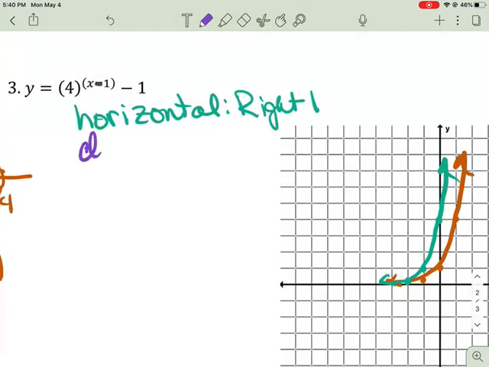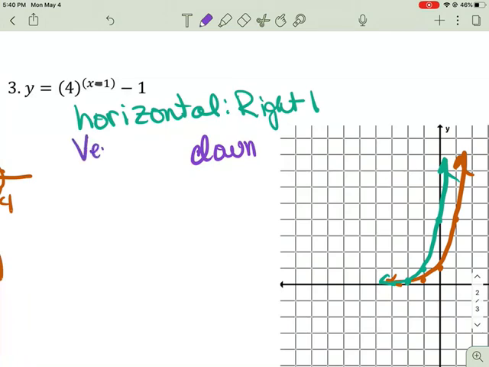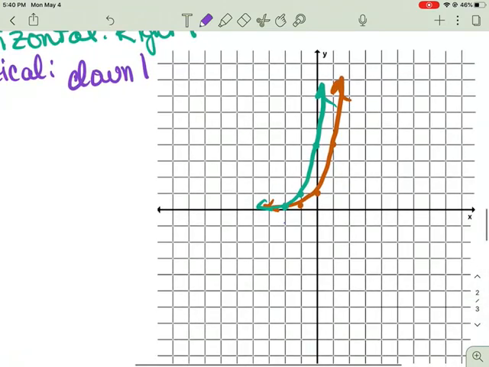And then our final graph would be down 1. That's our vertical shift. So we're going to go down 1.